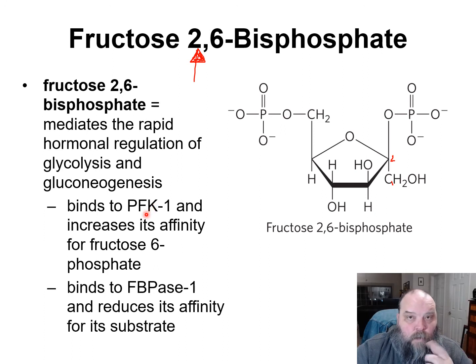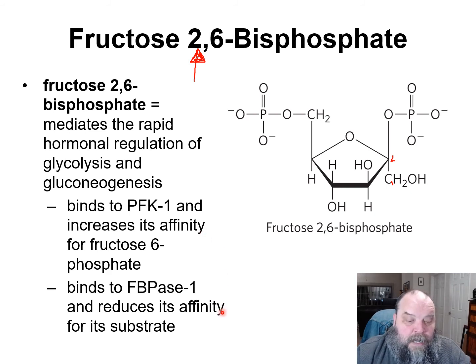Remember, PFK1 is the one in glycolysis, taking fructose 6-phosphate and turning it into fructose 1,6-bisphosphate. This signal molecule increases the affinity of that enzyme, PFK1, to its substrate. It wants it to work better. It's a little helper. It's all good.